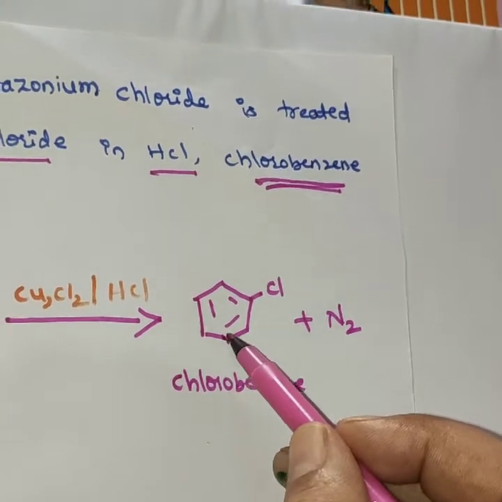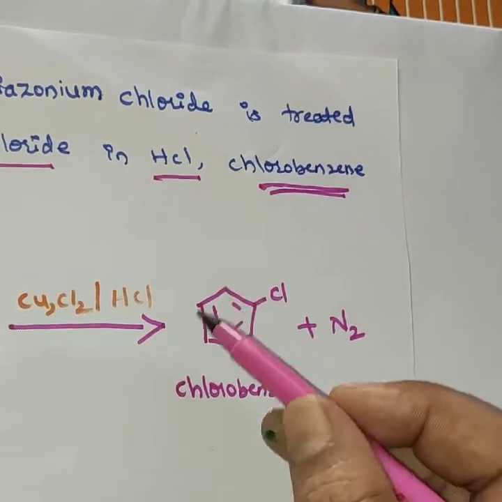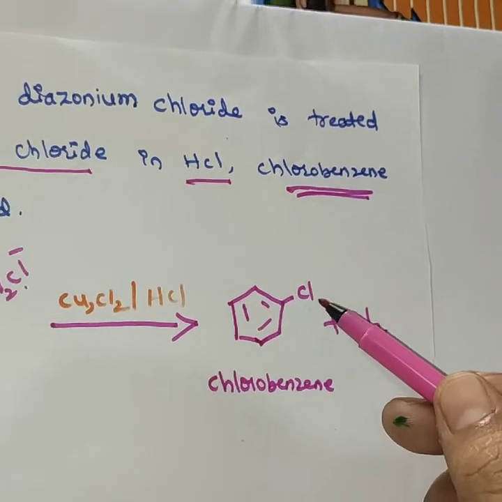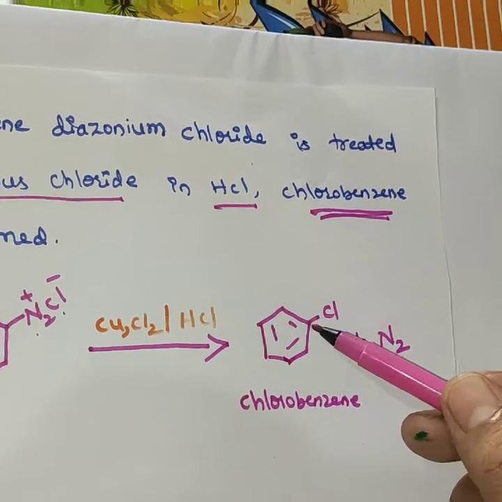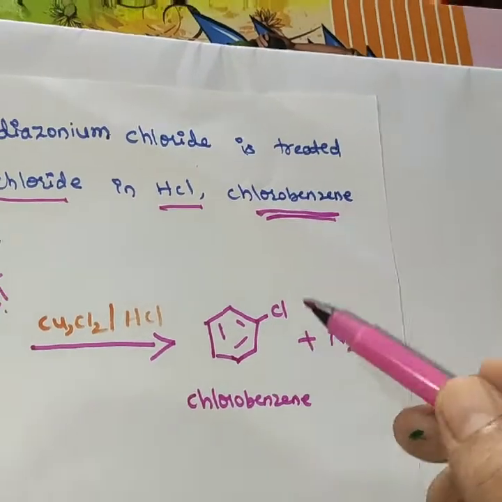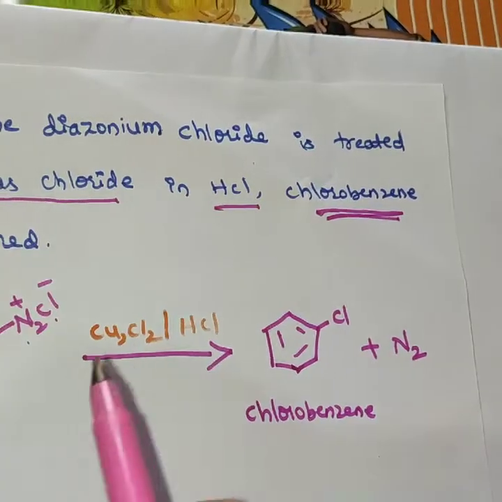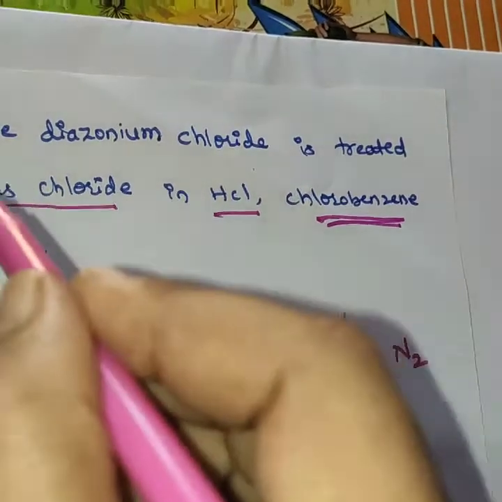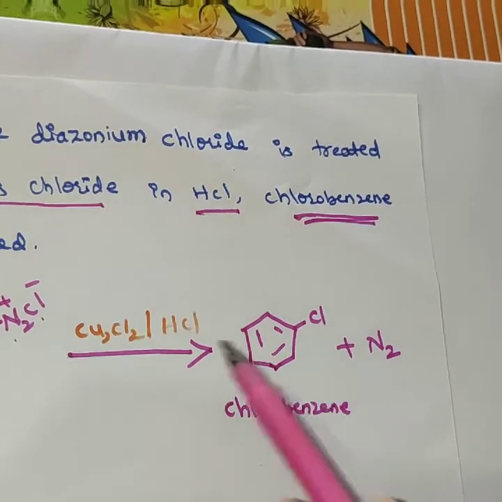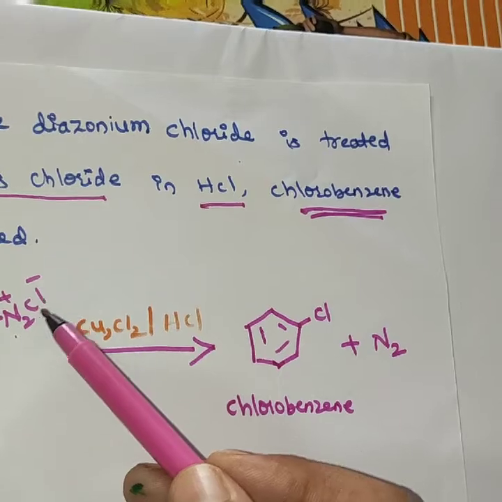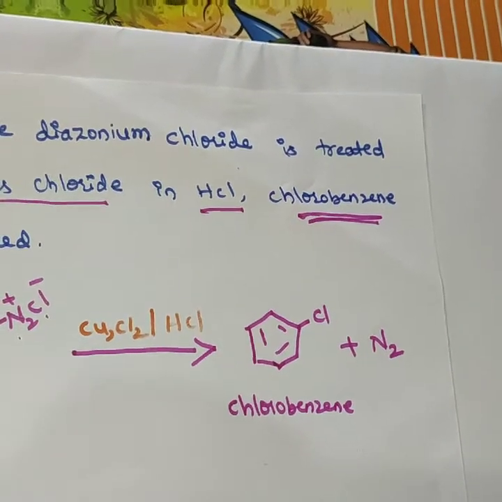This is an aromatic group, and to this aromatic group there is a substitution of halogen. Such compounds are called aryl halides. This is the general reaction under Sandmeyer's reaction. We may take any type of halide group in the reactants.